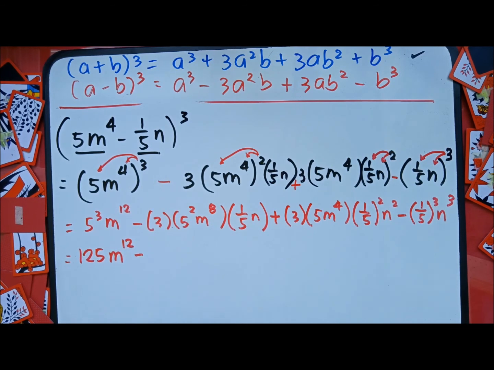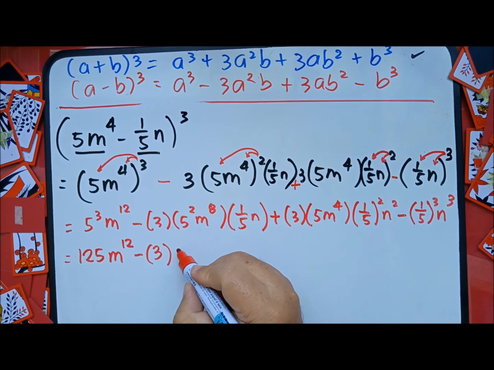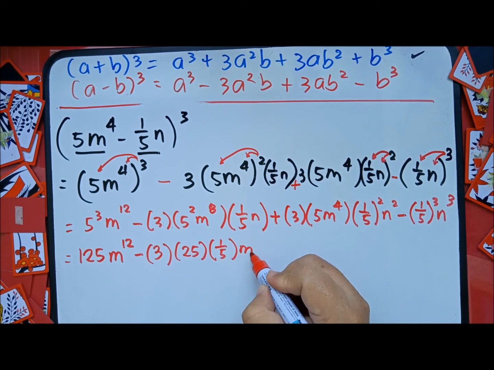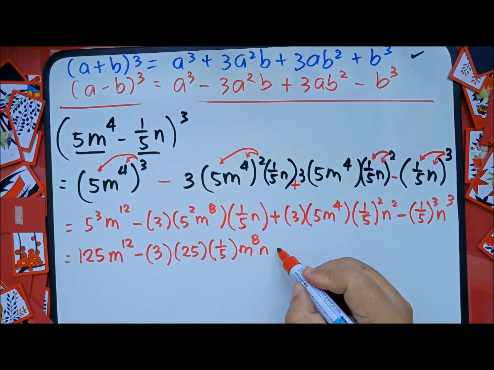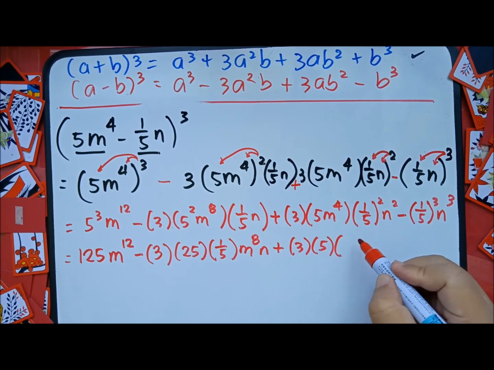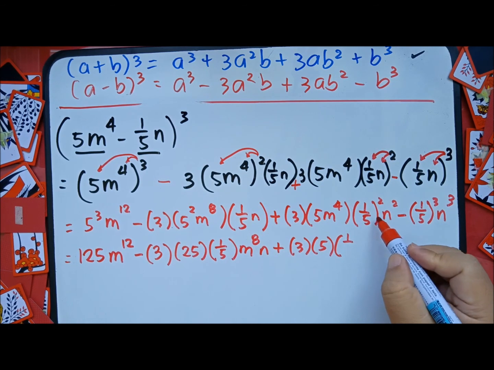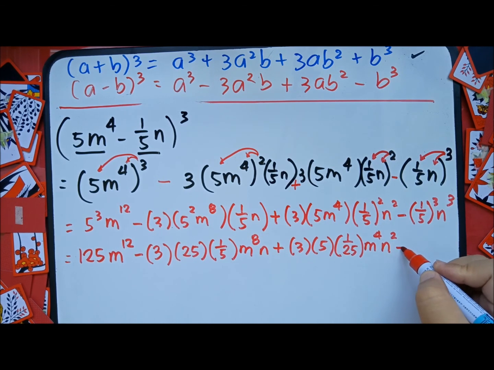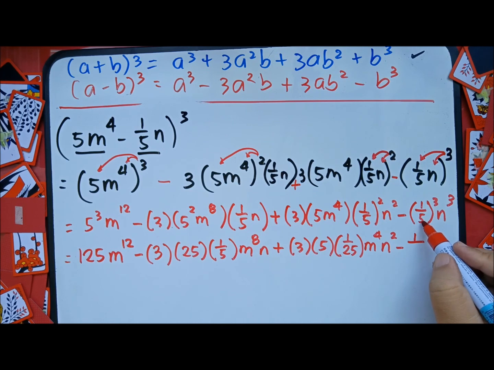Now, minus 3 times 25 times 1/5 m to the 8th power n plus 3 times 5 times 1/25, 5 times 5, 1 times 1, then m to the 4th power n squared minus 1 over 5 times 5 times 5, 125 n cubed.